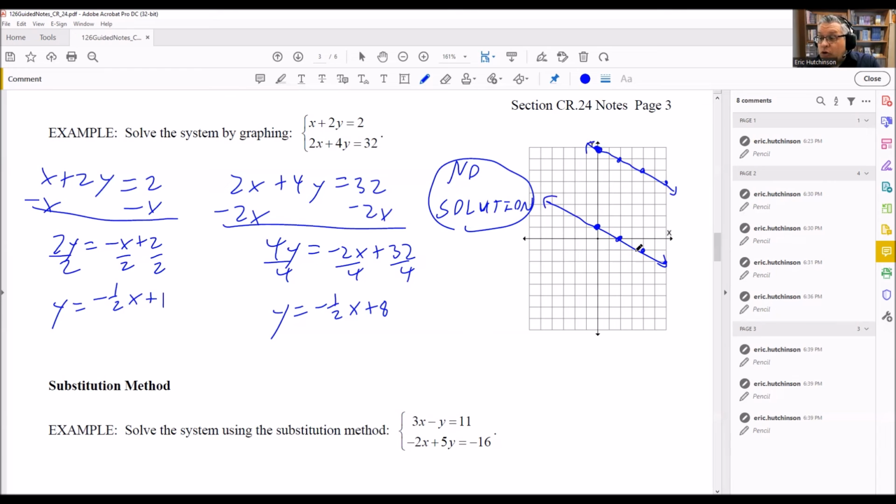But if you end up with only one line as a result, because both equations are the same, like negative 1/2 x plus 1 for both, then you would have infinite solutions, because one line will be drawn on top of the other. Every single point on the first line would be on the second line because they would both be identical. But for this particular problem, no solution because they don't cross. They would be parallel.